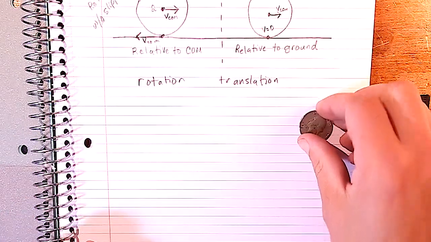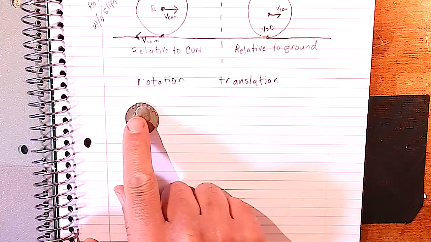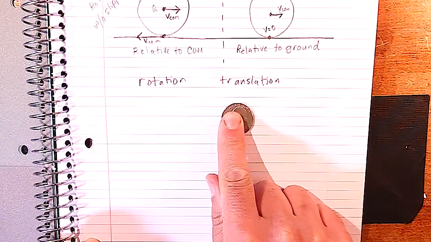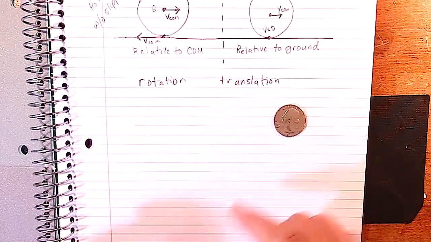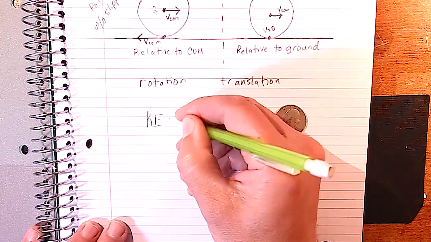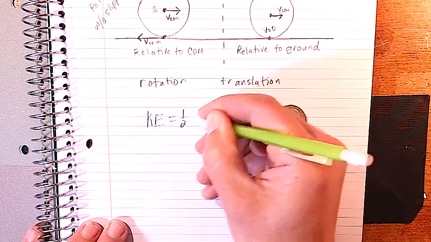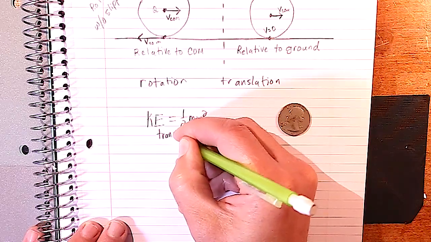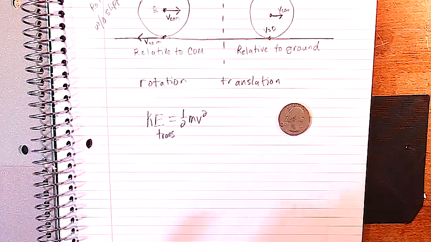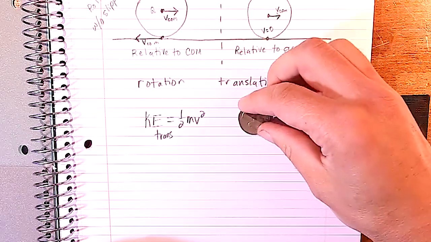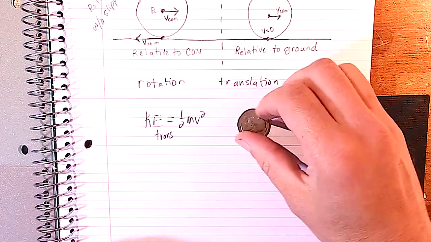And why is this important? It's important because we know that this object, as it moves along, has kinetic energy. Well, we haven't been using these words before, but really, all the time that we've been using 1/2 mv squared, we have been doing translational kinetic energy. But there's a second type of kinetic energy, which is rotational kinetic energy.